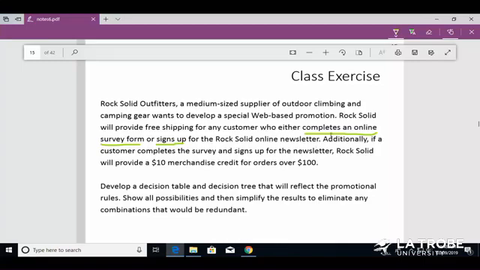So how many conditions do we have here? We have two. If the customer did the survey or signs up. All right, so we have two conditions.